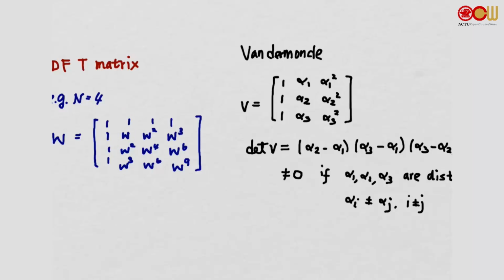And our DFT matrix would be invertible if all these alphas are distinct. And indeed, they are all distinct, right? Because these alphas are 1, W, W squared and W raised to the power of 3. They are all different. So indeed, it's invertible.